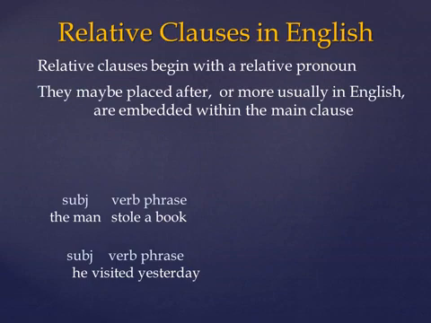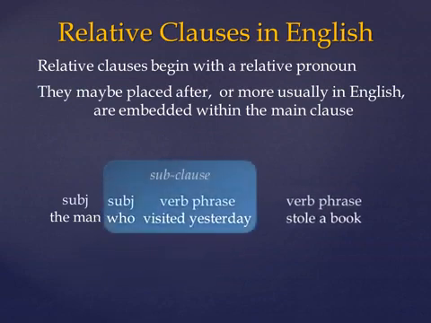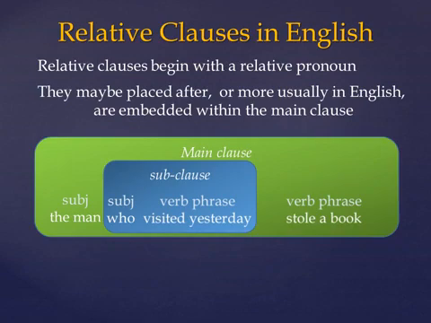So to embed the second clause, first we have to change the subject to a relative pronoun, and we will use the pronoun who because it refers to a person, and then position it in the sentence immediately after the thing that it modifies. And also, sometimes in English, we can add a second pronoun in the main clause to finish the sentence. This second pronoun is termed the correlative pronoun.